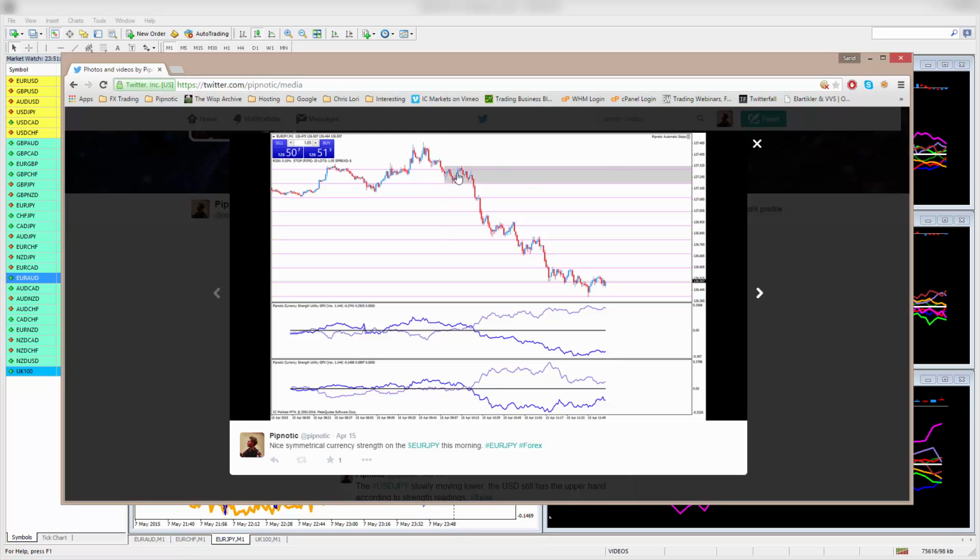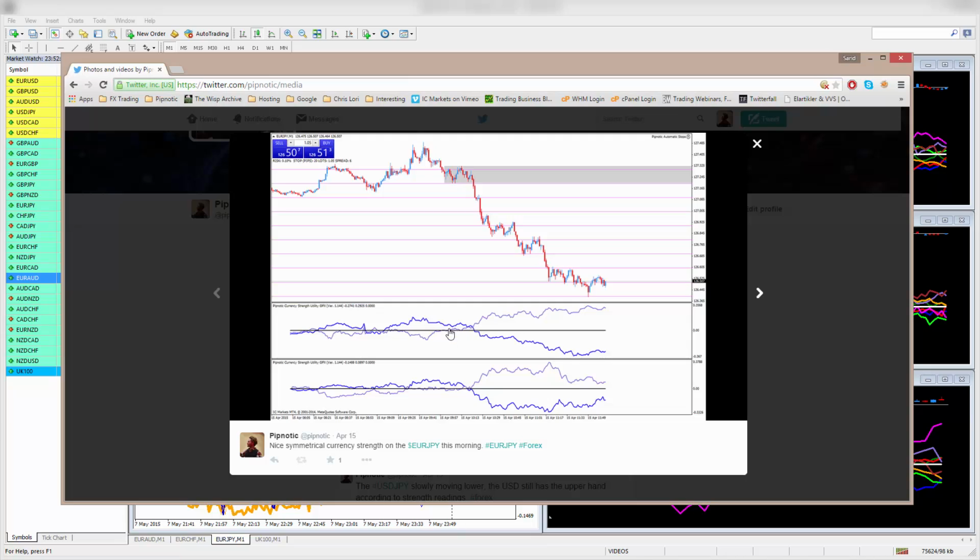And you can see here that we had the first 15 minutes of trading, and then right here you can see that the currency strengths diverged very, very strongly, and this pushed price lower for the next few hours.